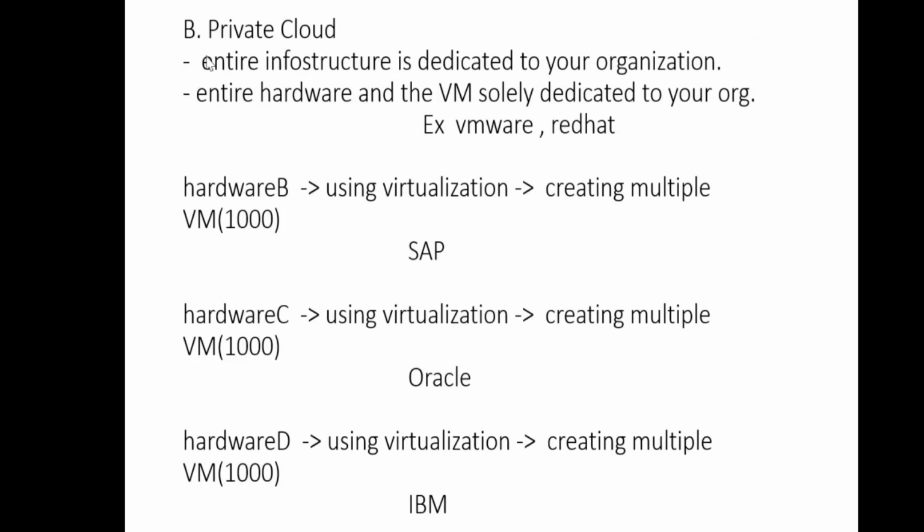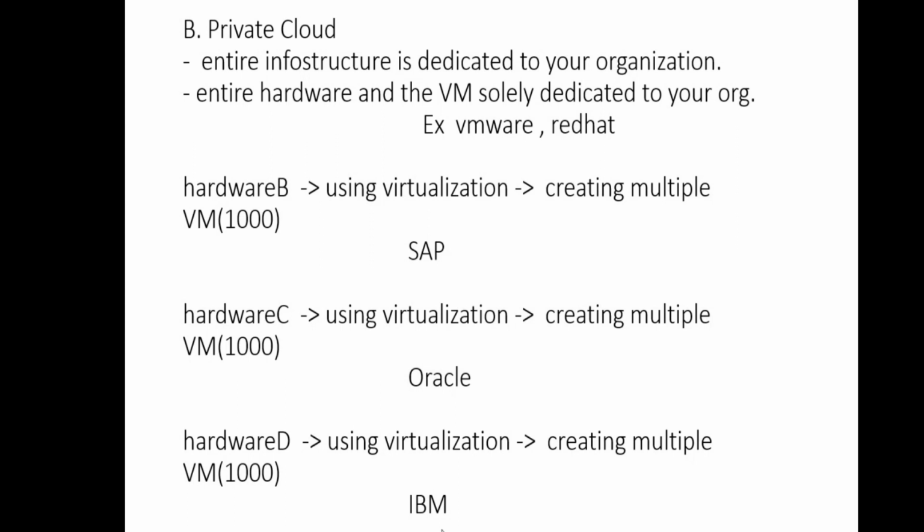Then what about private cloud? Private cloud means the entire infrastructure is dedicated to your organization. Examples of private cloud providers are VMware and Red Hat. They are popular private cloud providers. Let's understand private cloud using an example. Assume SAP needs a private cloud, Oracle needs a private cloud, and IBM needs a private cloud. Though they have their own cloud, I'm just using an example for understanding.